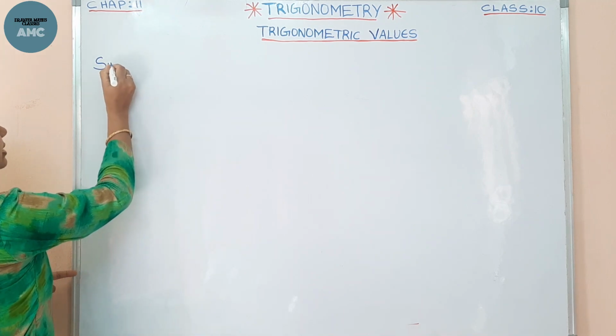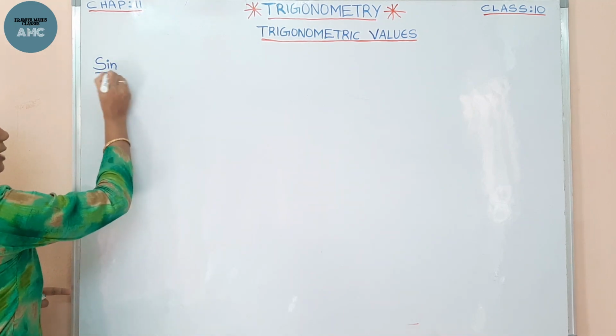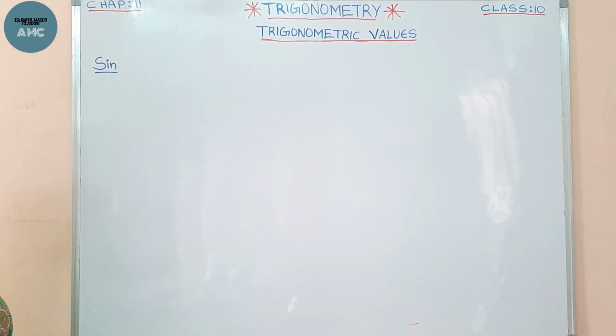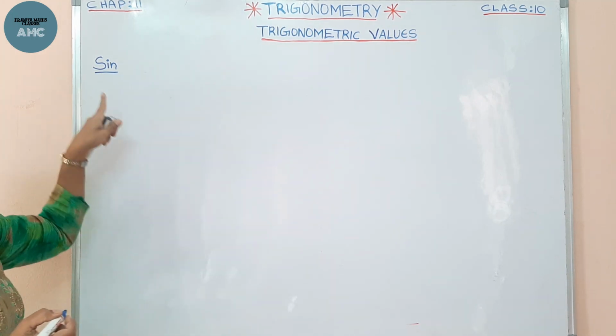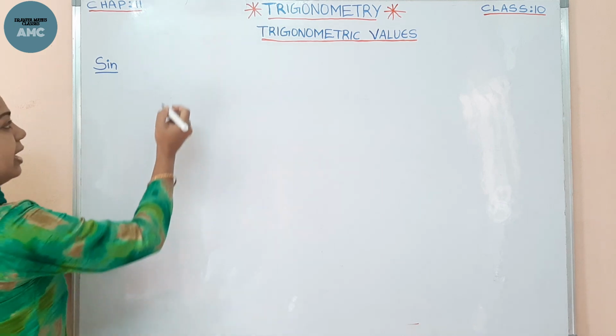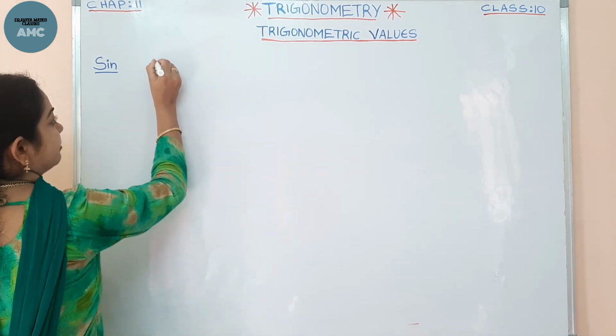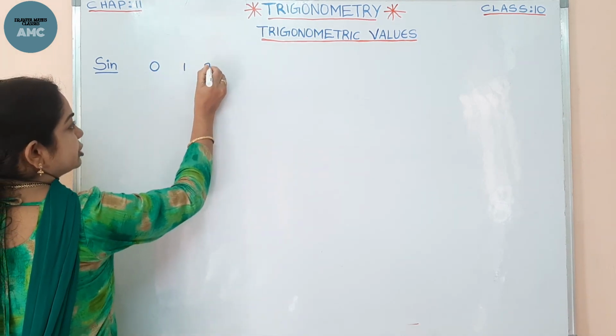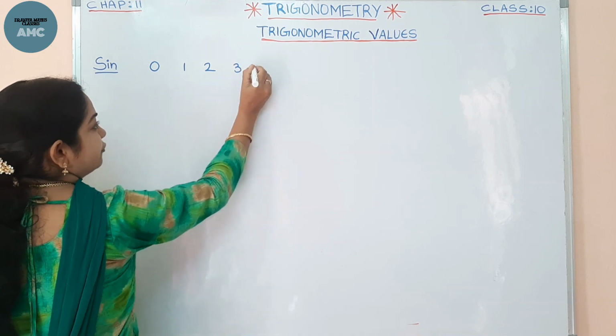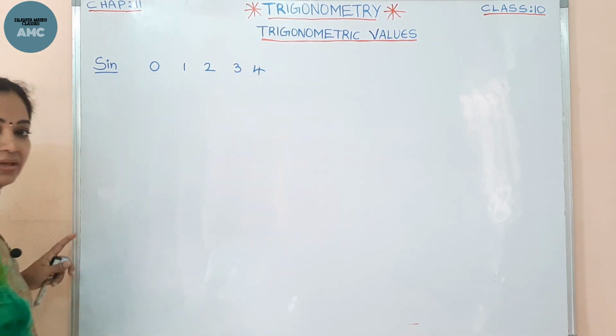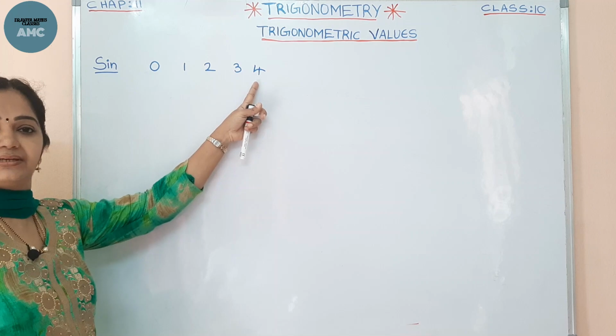Now if you take the sine trigonometric ratio, I'll simply remember 0, 1, 2, 3 and 4, starting with 0, ending with 4.